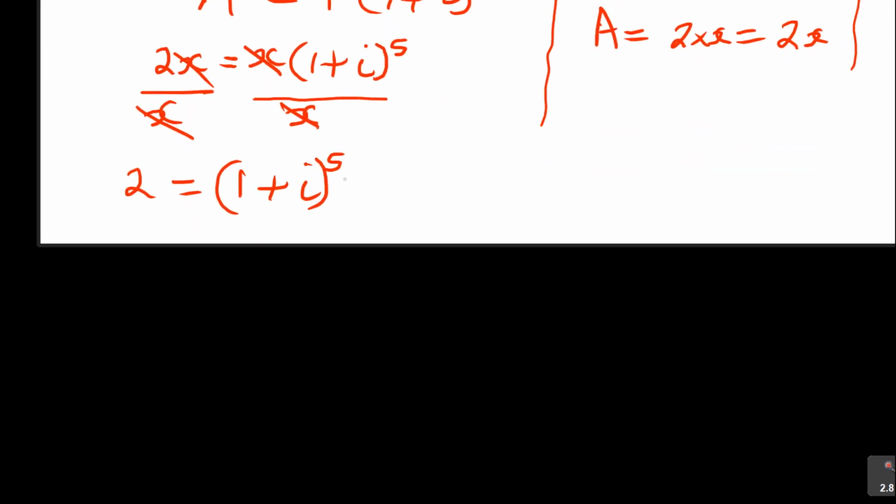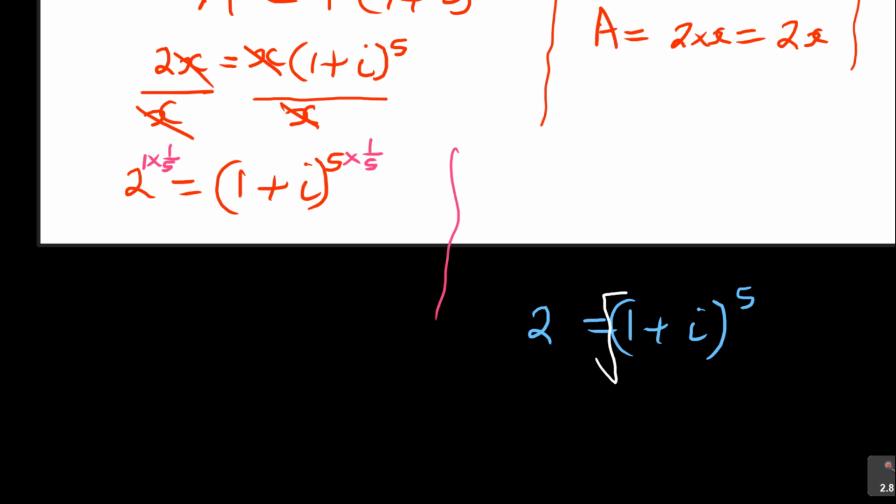You need to get rid of that 5 as an exponent. So what you simply do, you multiply it by the exponent 1 over 5. Whatever you do on the left, you do on the right. Or there is another option: you are allowed to find the 5th root.